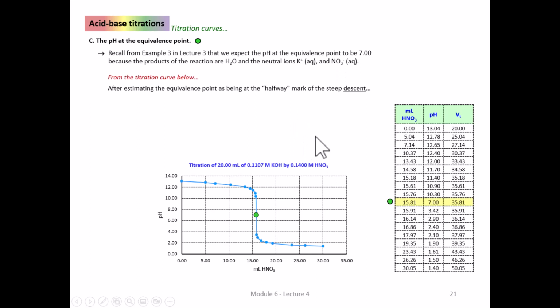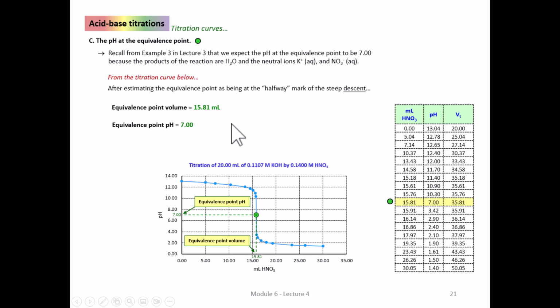We can actually get a pH of 7 directly from the titration curve by, consistent with what we've done before, estimating the equivalence point as midway here in what is now a descent rather than a rise in pH. The equivalence point volume at that point, if you read it off the titration curve, I get 15.81 and an equivalence point pH of 7.